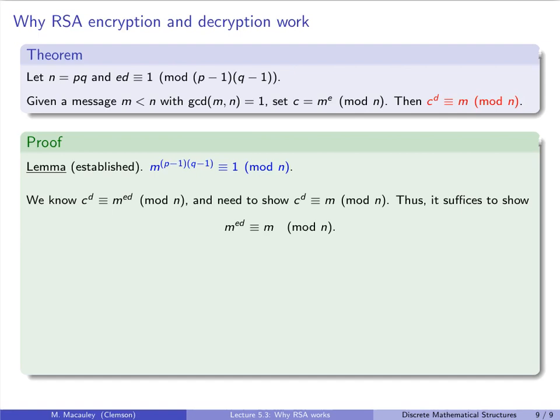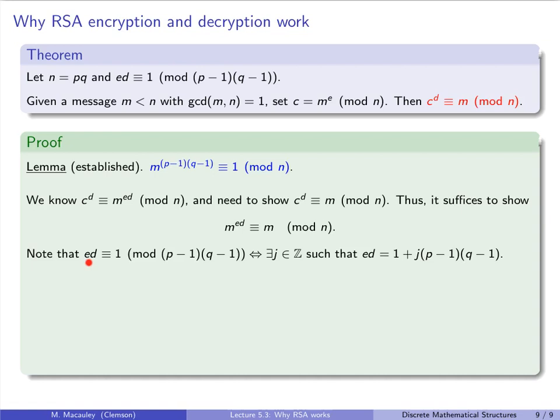Okay, let's recall what e times d is. So we don't know what they are, but we know that their product is 1 mod (p minus 1)(q minus 1). So let's write that down. So we have that ed is equivalent to 1 mod (p minus 1)(q minus 1).